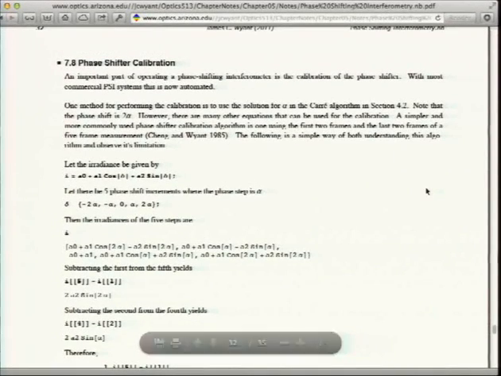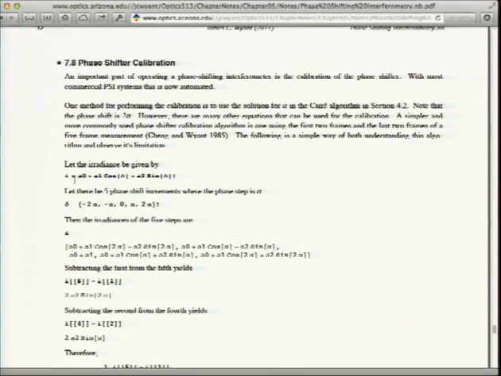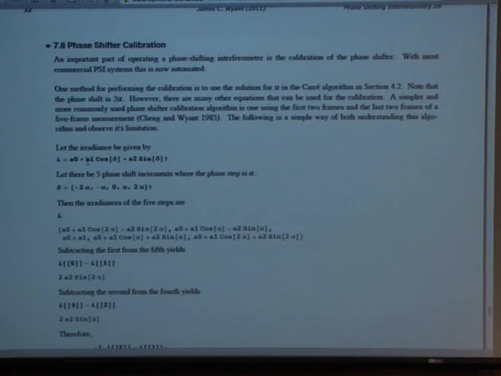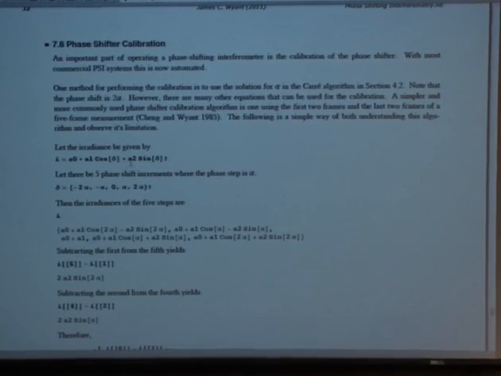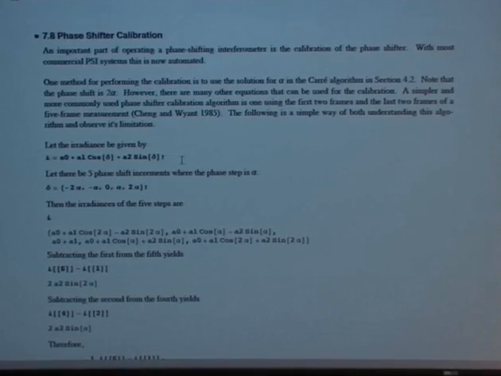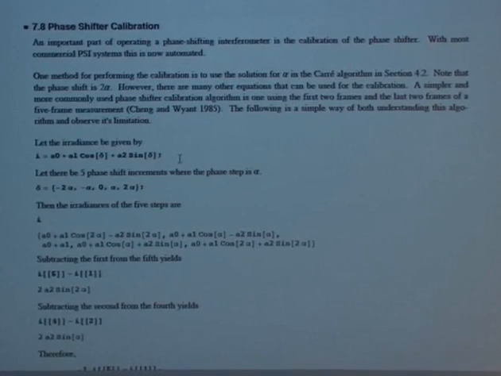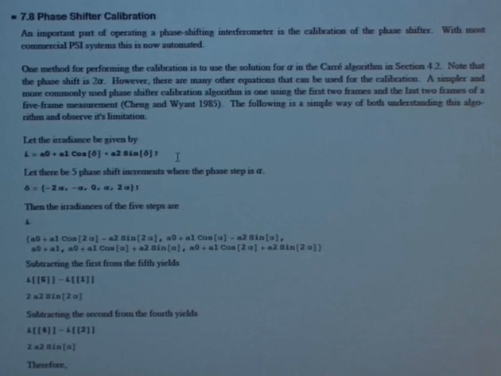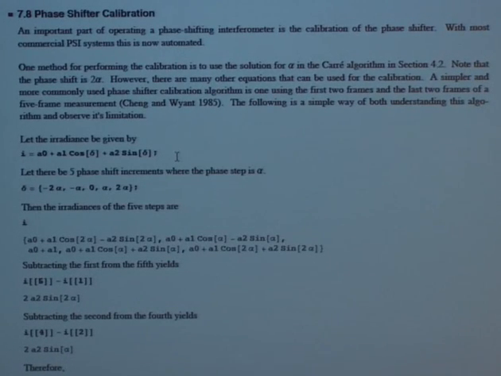Okay, so 7.8. We said in last class that we can write the irradiance in terms of an A0 plus an A1 cosine delta plus an A2 sine delta. And remember that the phase turns out to be what we get from the tangent of the phase equals minus A2 over A1.